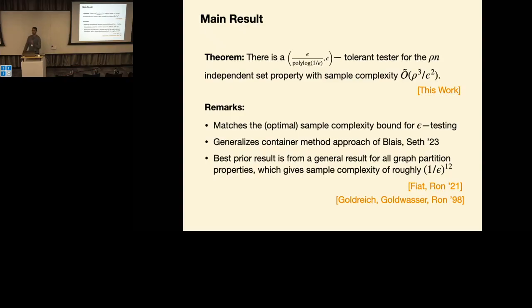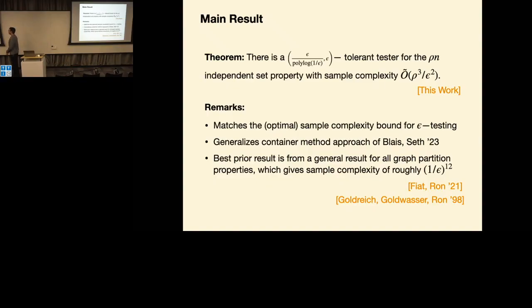Ours is not a fully tolerant tester, and that's one of the open questions: can we use this container method to get a fully tolerant tester? The nice thing about this earlier result is that it was a fully tolerant tester, but it applies to a much larger class of properties, so they weren't trying to get this optimal. Do you think it's possible to make your tester fully tolerant, or that there might be a gap?